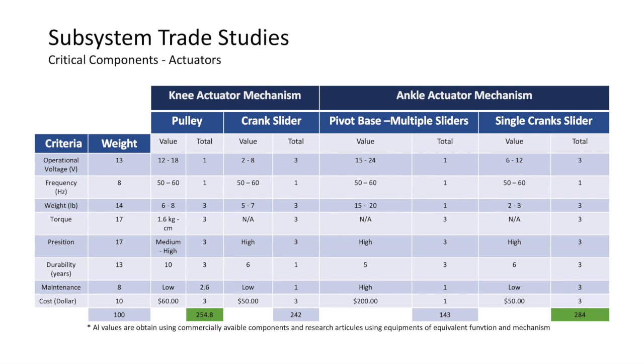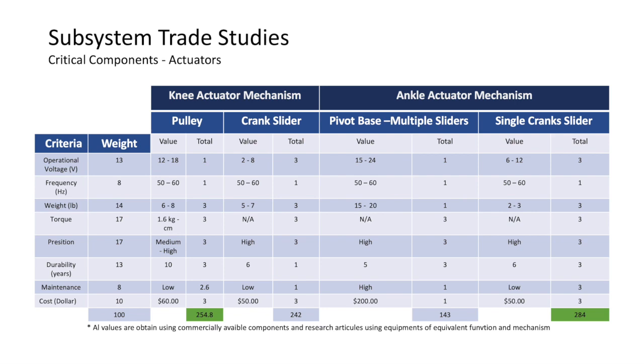The proposed mechanisms for the ankle were the translator mechanism and the pivot-based mechanism or multiple sliders, of which by means of the evaluation the pulley mechanism and the single crank slider were defined as the optimal option for the knee and ankle respectively.